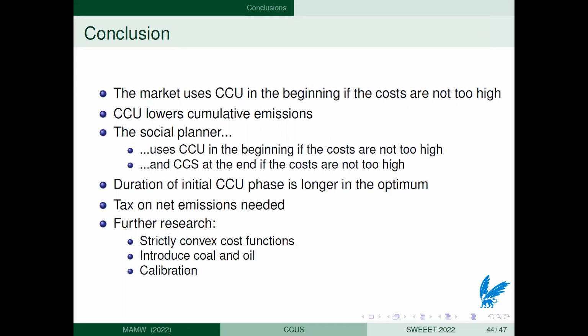May I quickly ask something? When you talked about countries, I just realized one thing that may be nice to see in future work. Nowadays you hear a lot about hubs and clusters when it comes to CCS, which means that you have several parties which can, for example, store jointly in a common storage place. And then this is going to be shipped somewhere for permanent storage.